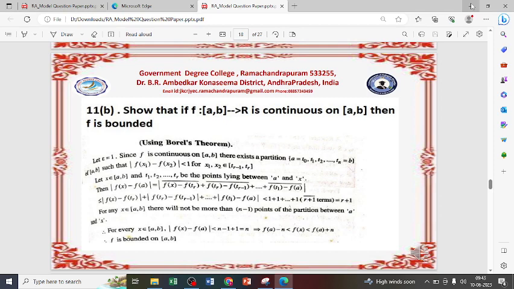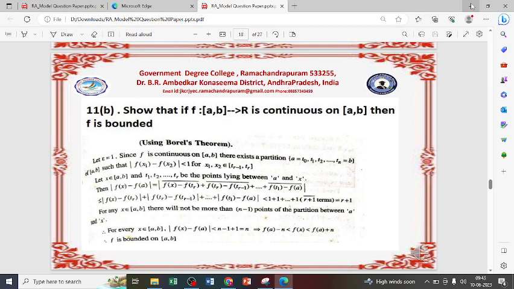So 1 plus 1 plus 1 and so on. Like this we get r plus 1 terms. Adding all these r plus 1 times, it becomes r plus 1. So what is happening? The difference between f(x) and f(a) is smaller than r plus 1.